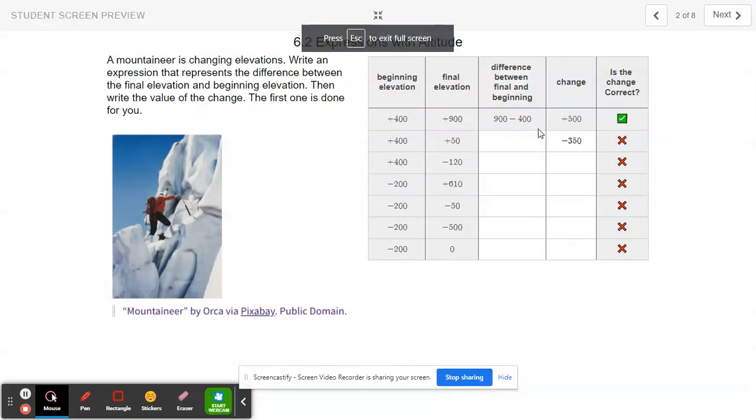Only now we started at 400 and ended at 50. So we're actually going to need to take our ending amount of 50, take away our starting amount of 400, and that does give us the answer of negative 350, because 50 minus 400 is the same thing as 50 plus negative 400, which is negative 350.